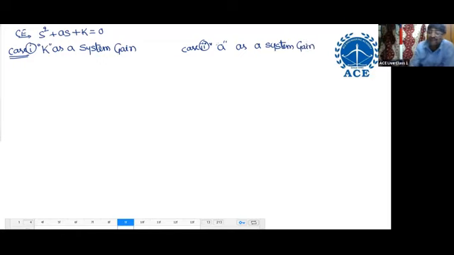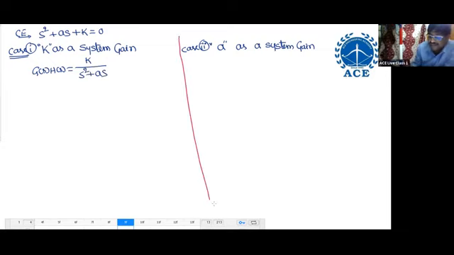K as a system gain means what is G of S, H of S? K should be written in the numerator, and all the rest in the denominator: S square plus AS. Now this can be written as K by S into (S plus A).